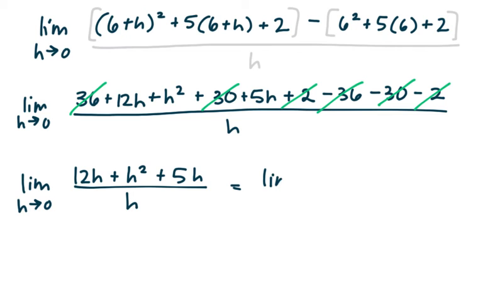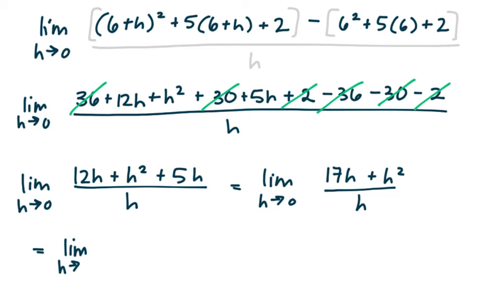So I now have the limit as H approaches 0 of 17H plus H squared over H. Remember, the whole goal was to cancel that H in the denominator. And what I notice here is that both of my terms in the numerator have an H in them. If I factor that out, I have the limit as H approaches 0 of H times 17 plus H, all over H.